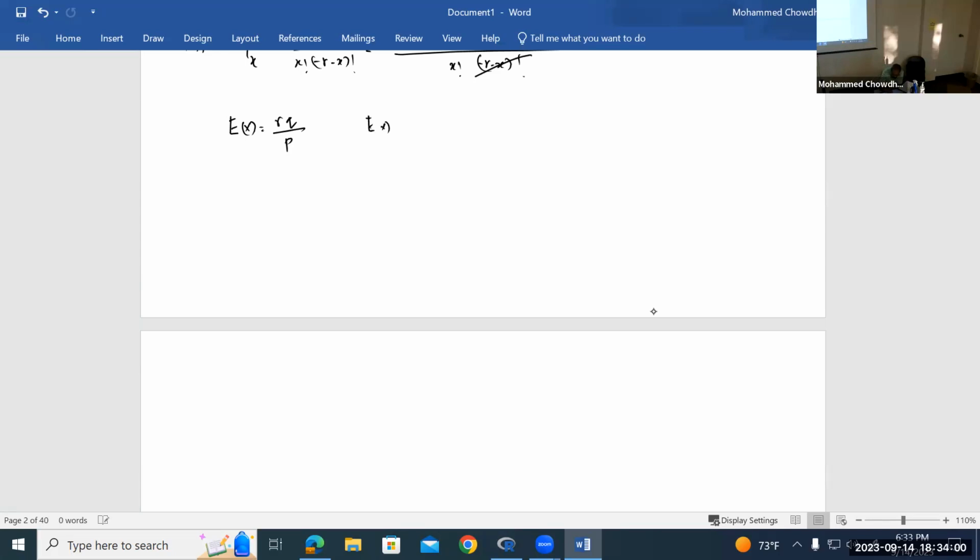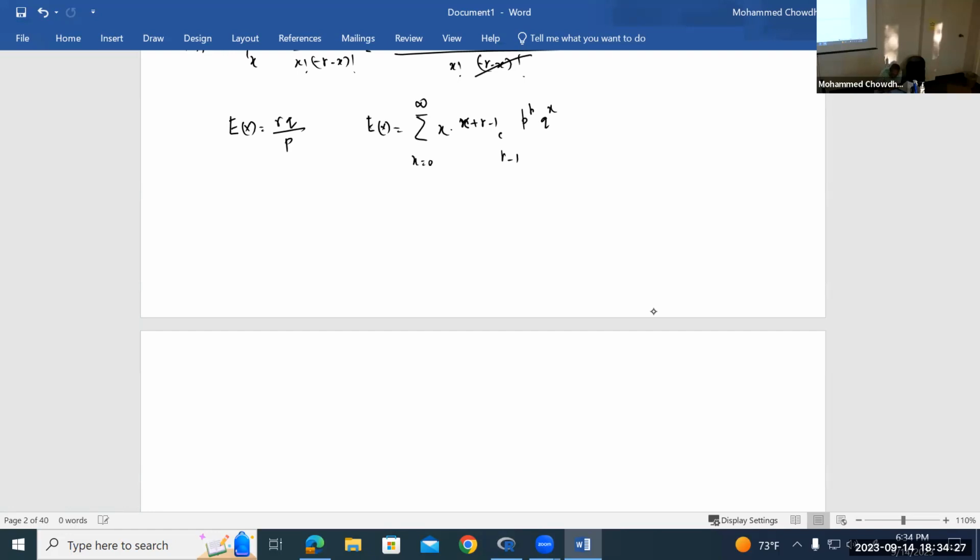So now, if I want to derive these things, the expected value of x could be written as the sum of x times x plus r minus 1 choose r minus 1, p to the power r, and q to the power x, where x takes values 0 to infinity. This is the definition of expected value with respect to negative binomial distributions.